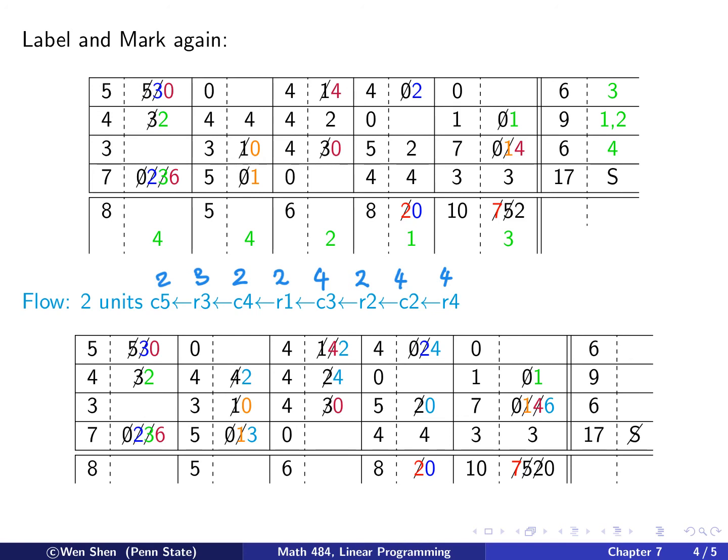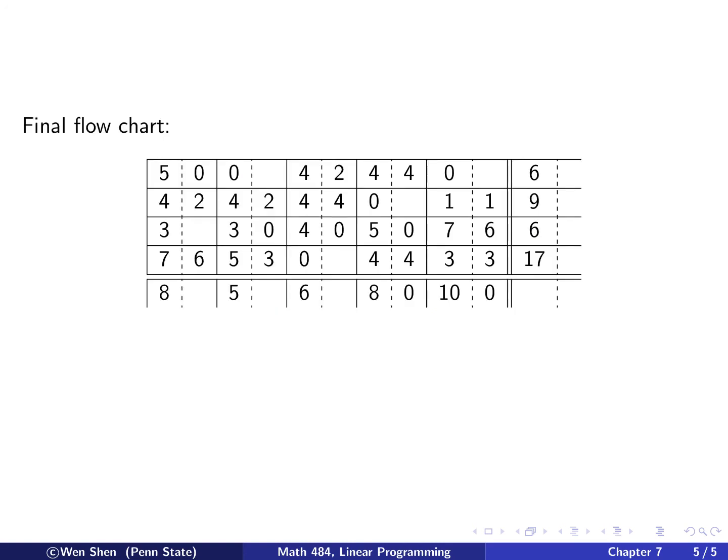Okay, so we can probably clean up a bit and remove all these markings and just record the final number. Let's see. Yeah. So here is the final flow chart where we removed the intermediate steps.